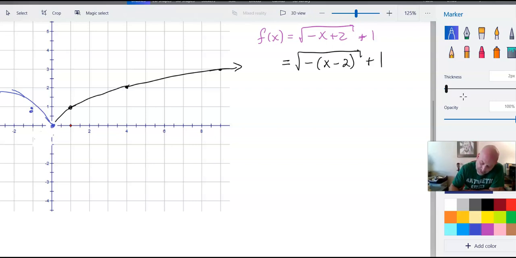Now we have to move it to the appropriate point. So 0, 0 goes to the point 2, 1, right? 2, 1 is right here. So what that means is now our function looks like this. We need it to go to the left like this one in blue here.